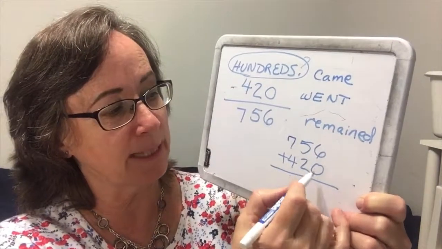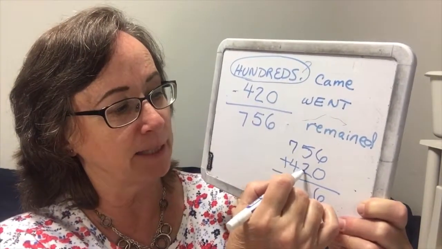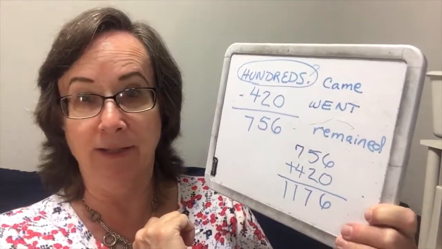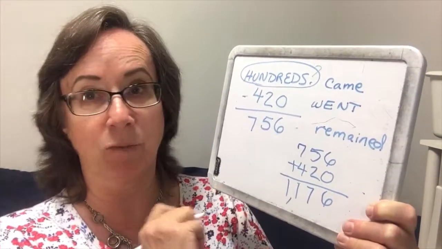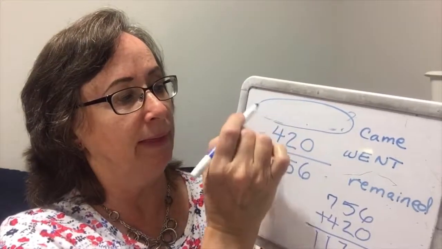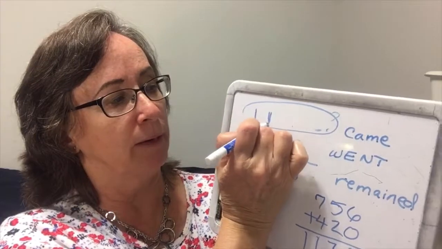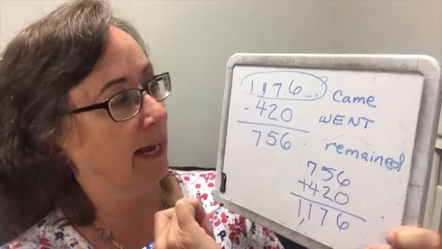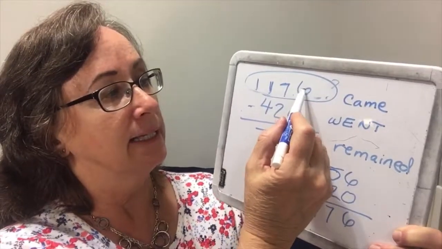Okay, so 6 plus 0 is 6. 5 plus 2 is 7. 7 plus 4 is 11. So 1,176. So we're going to put 1,176 right there. And now we're going to subtract to check.